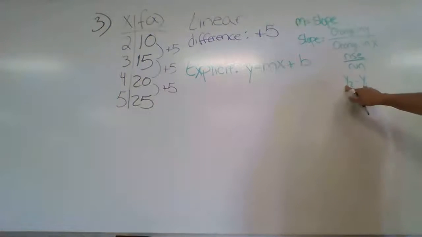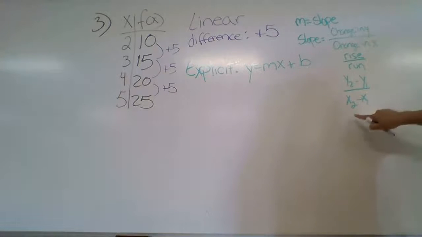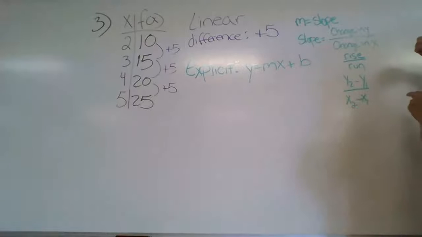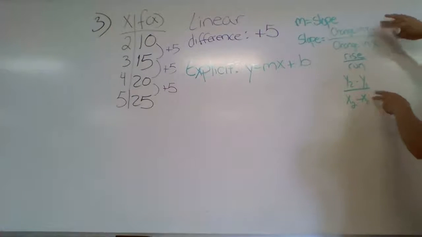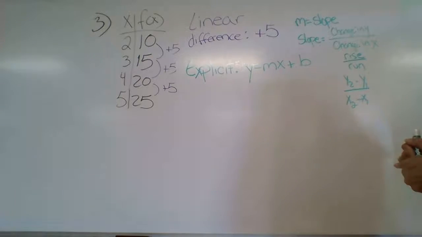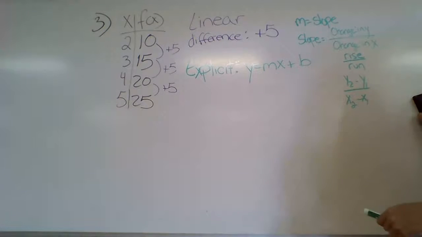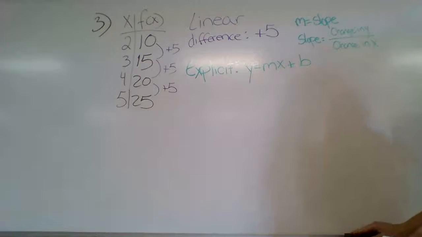This is like y2 minus y1, that's the change in the y. x2 minus x1, change in the x. Probably the most common. But if you think of it as rise over run, that's fine too. However you want to think about it.